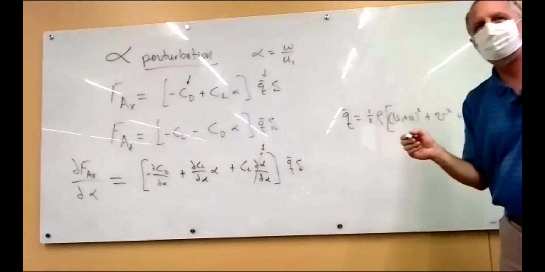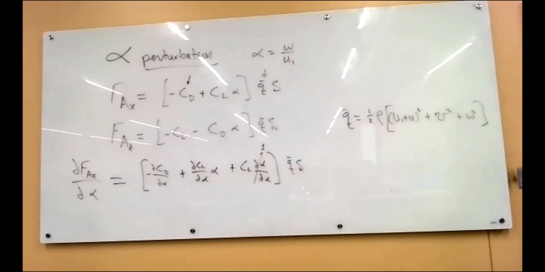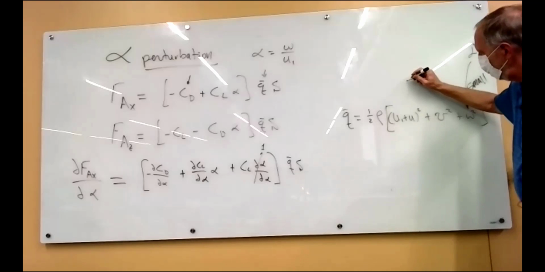The answer to that is, it depends. Where is alpha? Alpha is in here, so really we have alpha squared inside here. So does that change with angle of attack? Yes, but it's squared, and it's a small change squared, so we're going to say that that's small. So we can knock that out. Why did we not knock U out?